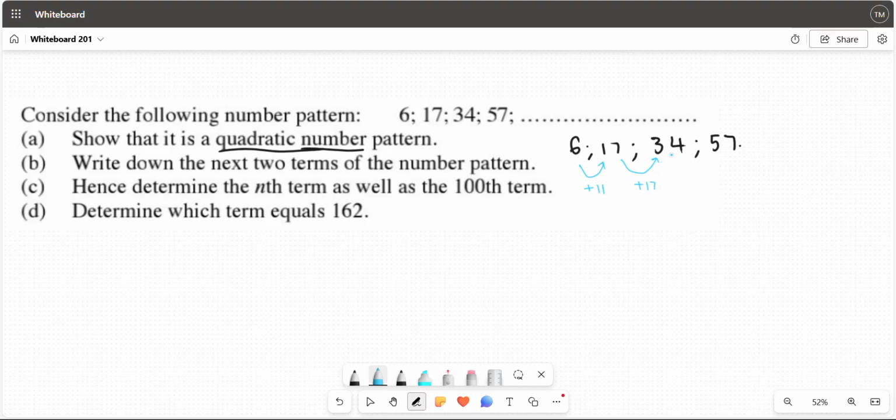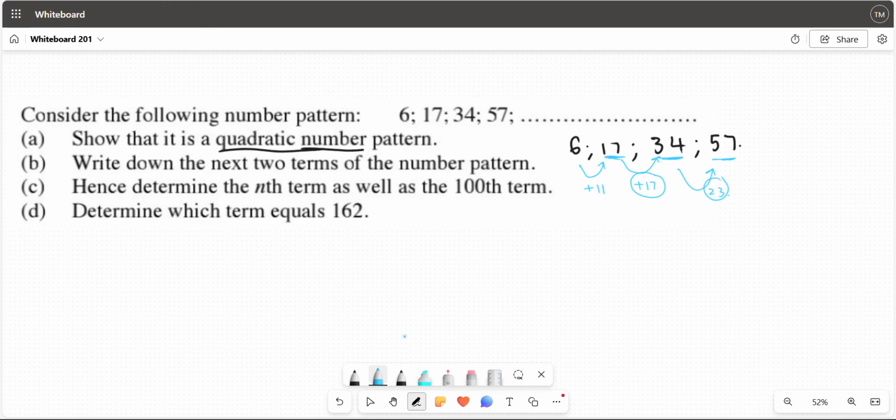How am I getting these values? I just take the 34 and subtract the 17, and this will give me the 17 underneath. Again, 57 minus 34, and that should give you, I think, 23. Let me just double check. Yes, it's 23. So we get those values there.